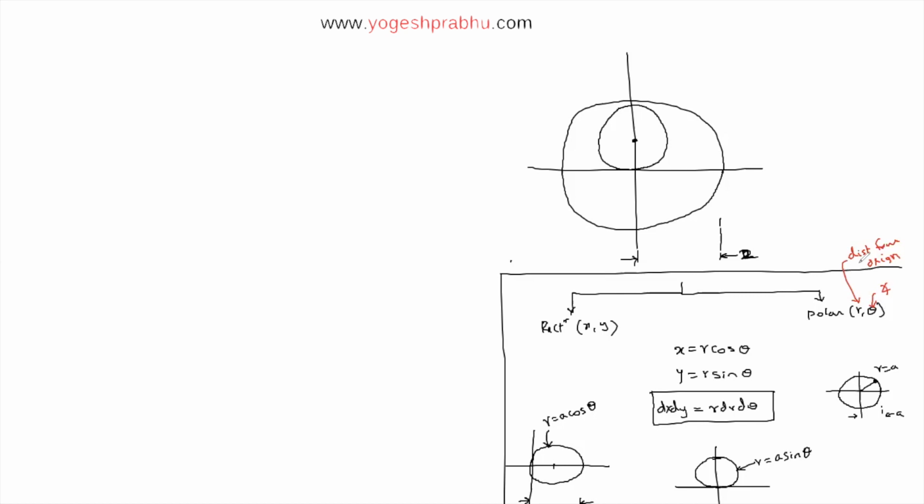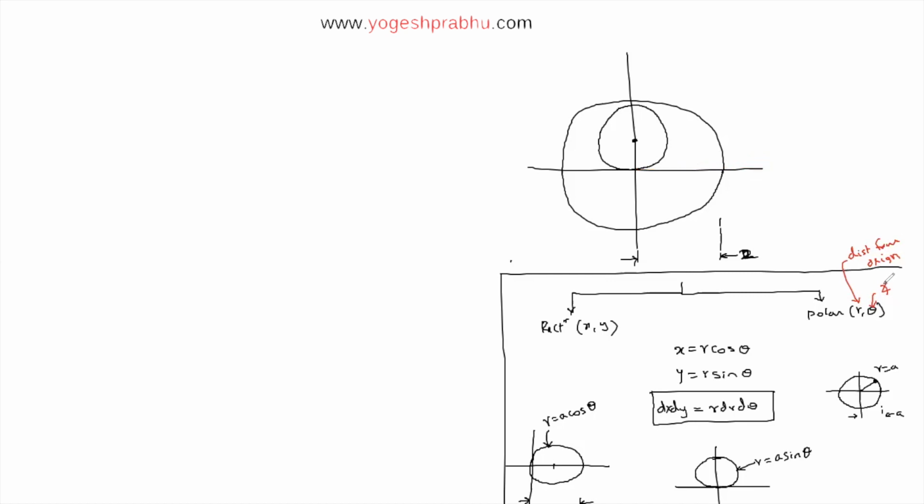Angle with the positive x-axis. Correct? Repeat, r is what? Distance from origin. How far it is from the origin? And theta is the angle.